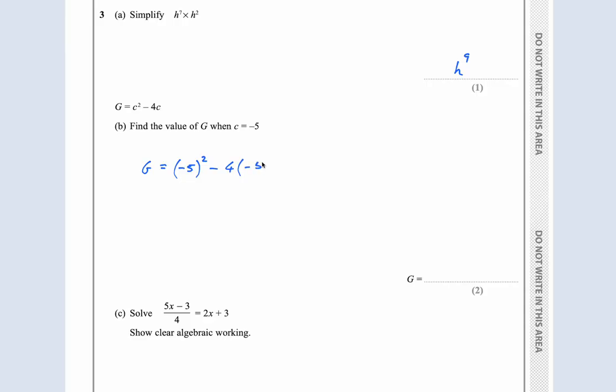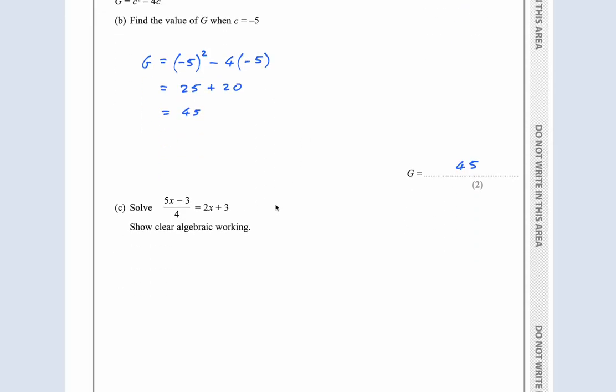Be careful, you're going to have a negative times a negative. -5 squared is 25. Minus 4 times -5 is actually going to be plus 20, because 4 times 5 is 20. Minus times minus is plus, and we're left with 45. You could just sub this into the calculator correctly, and you'll get 45.